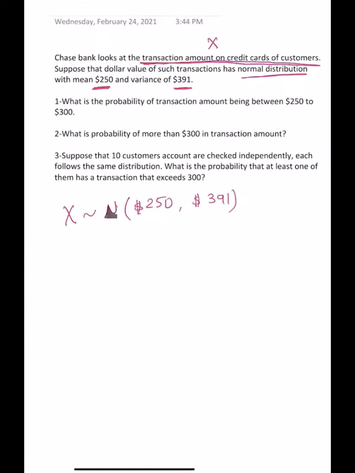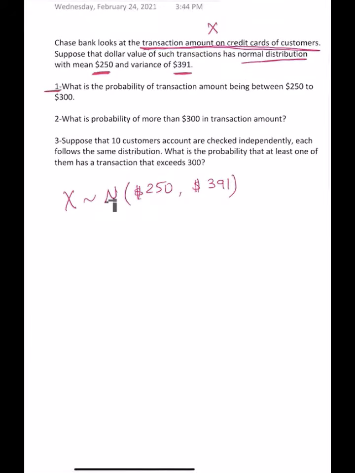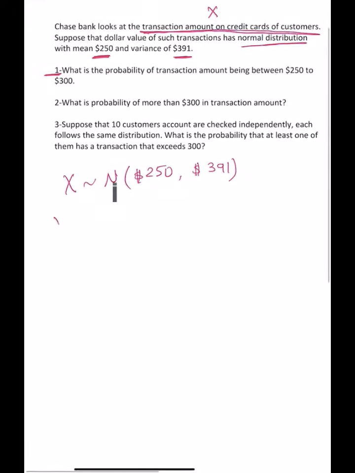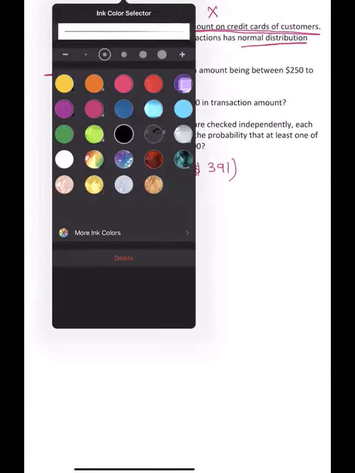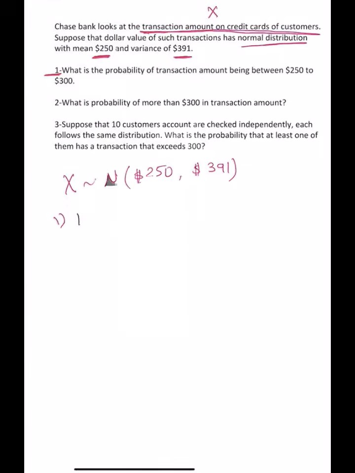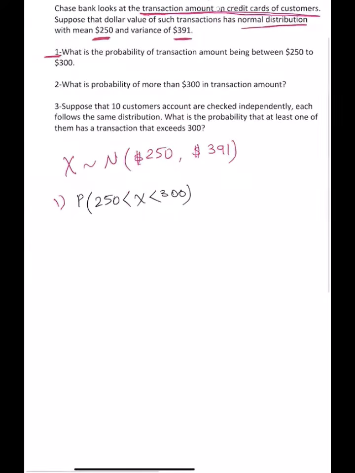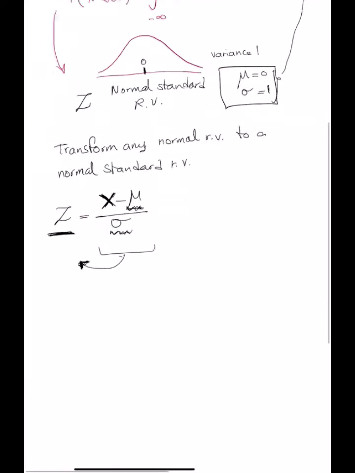And in part 1, what is the probability that the transaction amount is between 250 and 300?